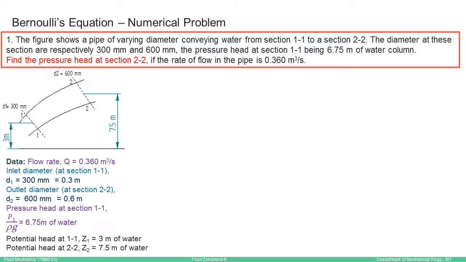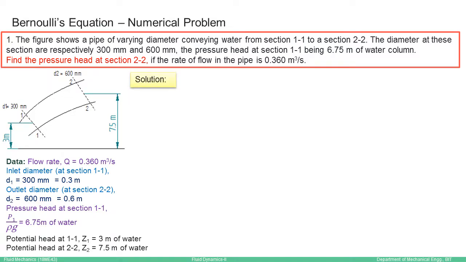Now the pressure head at section 1 is directly given in meter of water column. So that is 6.75 meter of water, P1 by rho g is given. So the potential heads at 1 and 2 are given. This is all to be tabulated before we go ahead with Bernoulli's equation for this case.